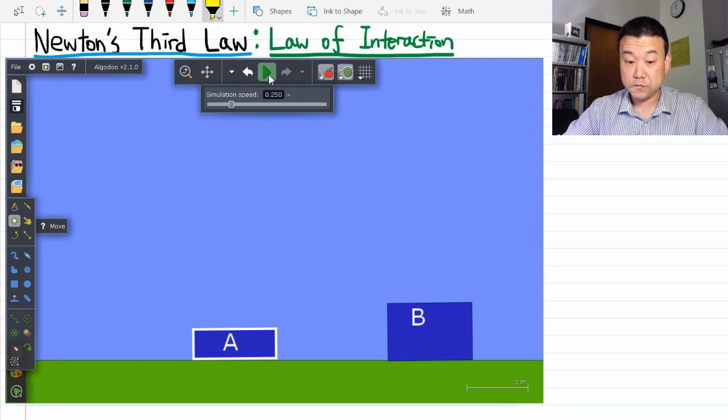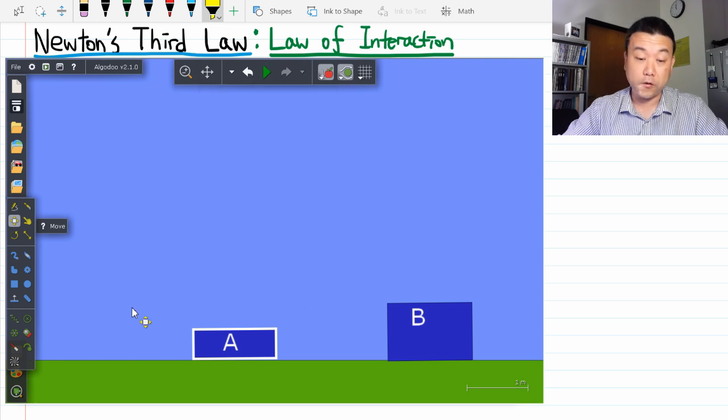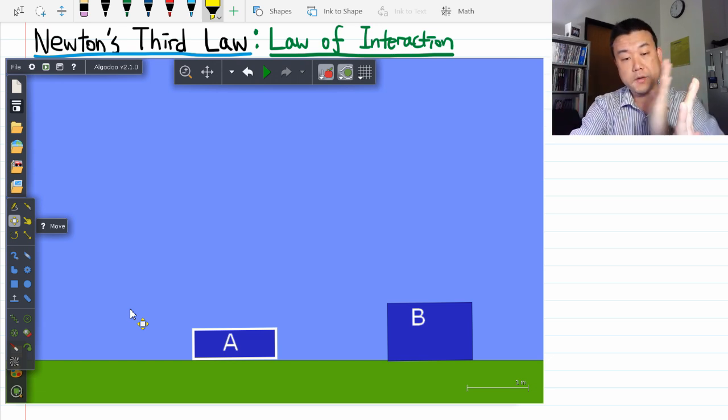Now this time you see A bouncing off of B going backward. And the reason for this is the same as before. With the equal magnitude of the force that B is being pushed by, A is also being pushed. But because its mass is smaller, it undergoes greater acceleration and that results in A bouncing back.